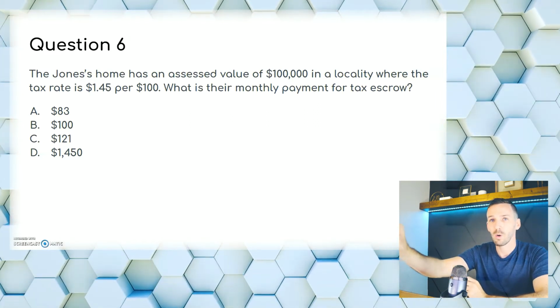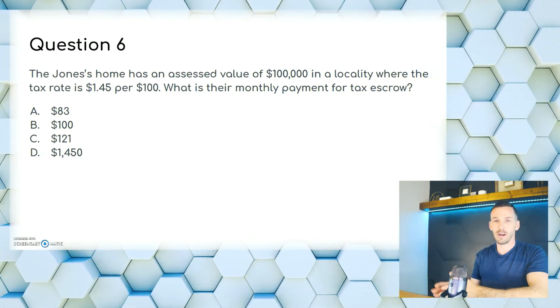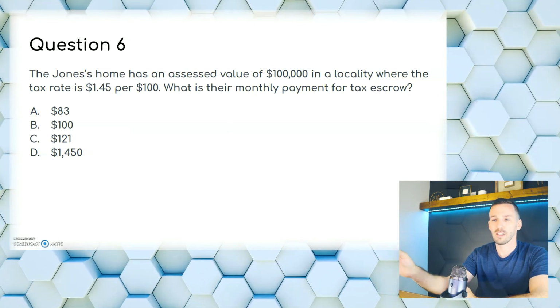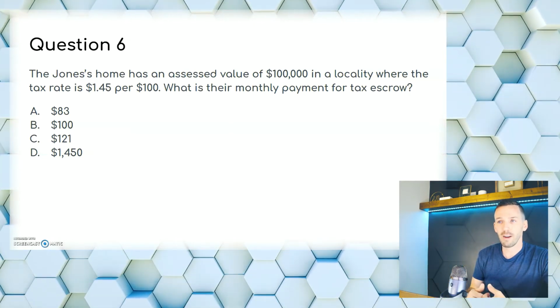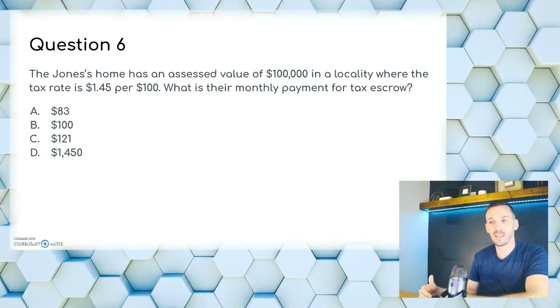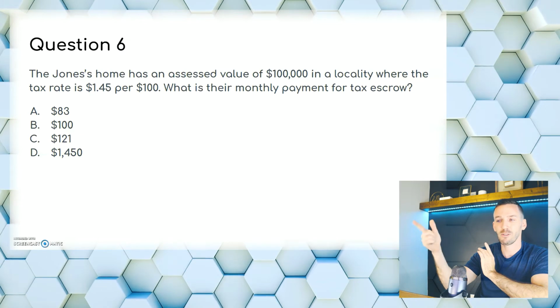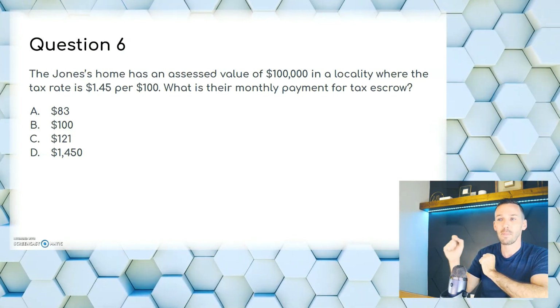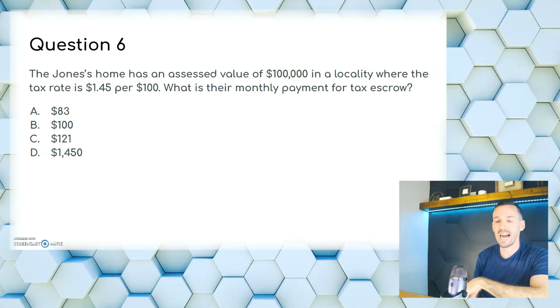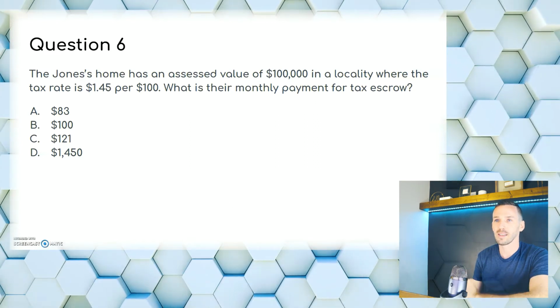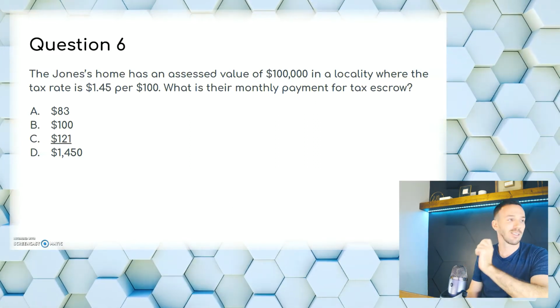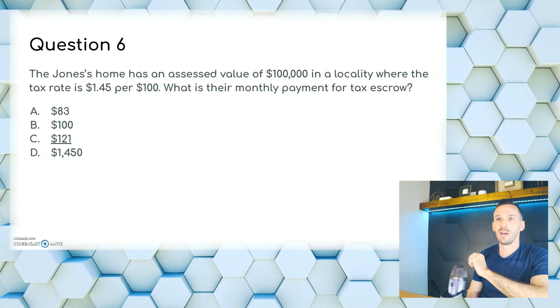So it says per 100. So divide by 100, that is 1,000. So $1.45 times 1,000 is $1,450 taxes for the entire year, but they're asking for the monthly here. So you divide that by 12 to get 121 taxes per month when rounded. Use logic. Answer is C, 121.